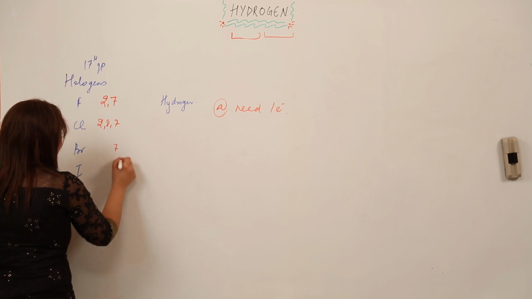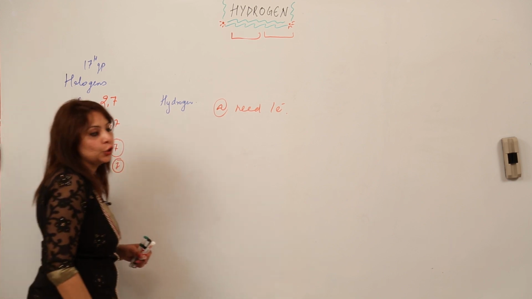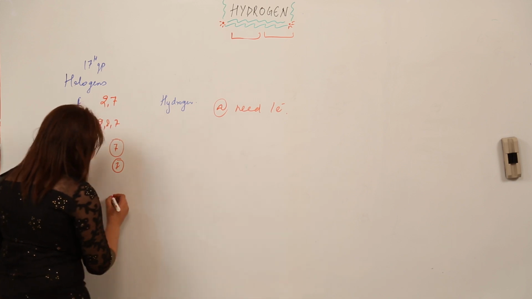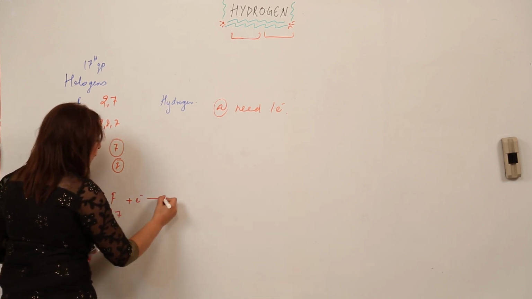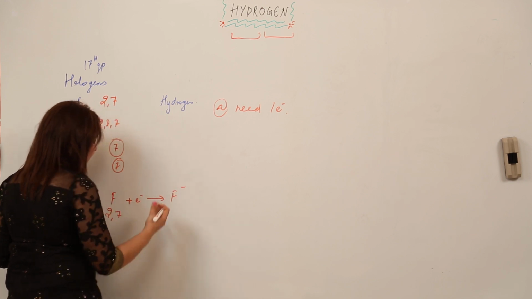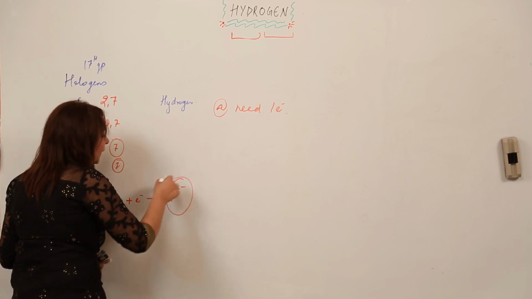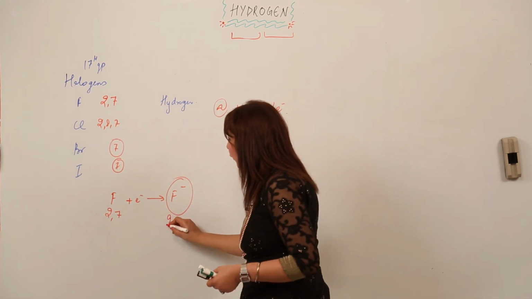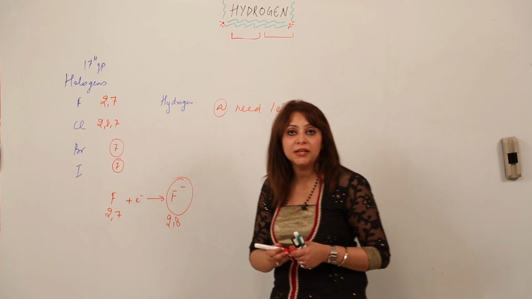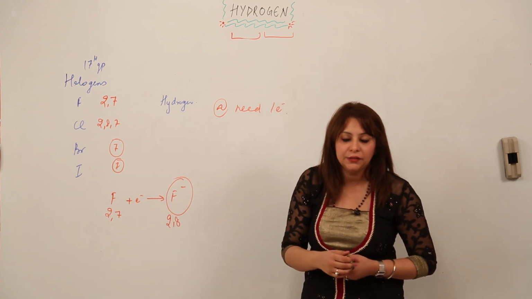All the halogens have 7 valence electrons. So it needs 1 electron to complete its octet, and after gaining 1 electron it forms the electronegative ion, which has the electronic configuration 2, 8. That means the octet is complete and it becomes a stable ion, right.